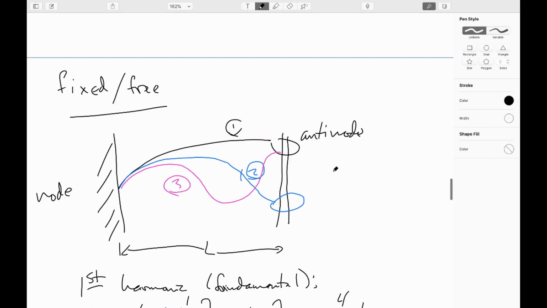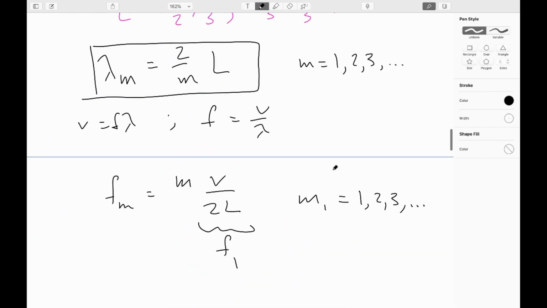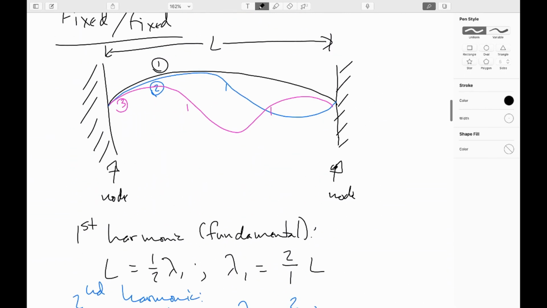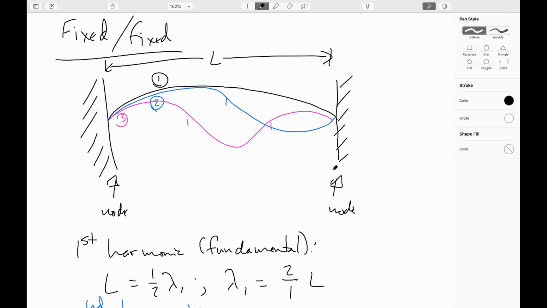So let's say if you're doing concert A, if both ends of the organ pipe are closed, the fundamental will be 440. There will be a second harmonic at 880, and then another one at 1320 hertz, and so forth. If the other end is open, there will be no harmonic at 880. The next harmonic will be at 1320.